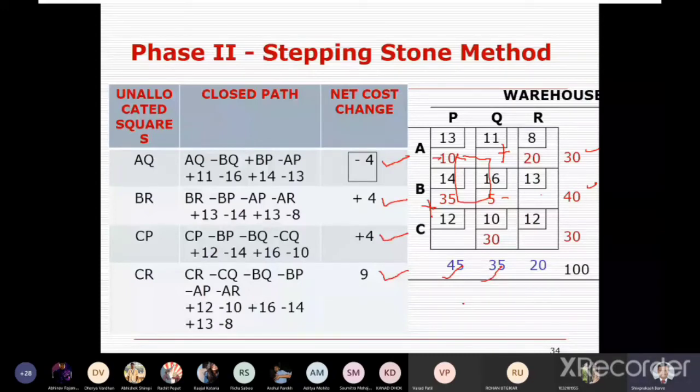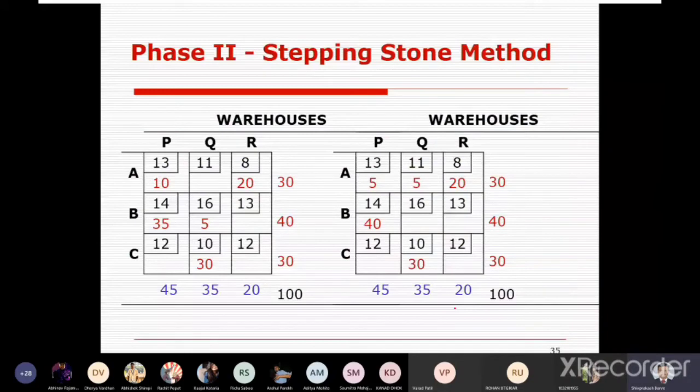So here, after this change, you see this table is prepared. Now this table is prepared after shifting of allocation from this BQ to AQ. So 5 units shifted here. But after this shifting also, now we have to check whether there is a reduction in the transportation cost or not.